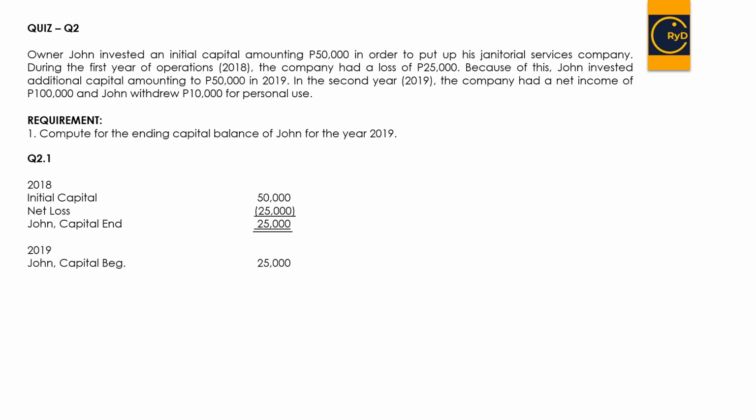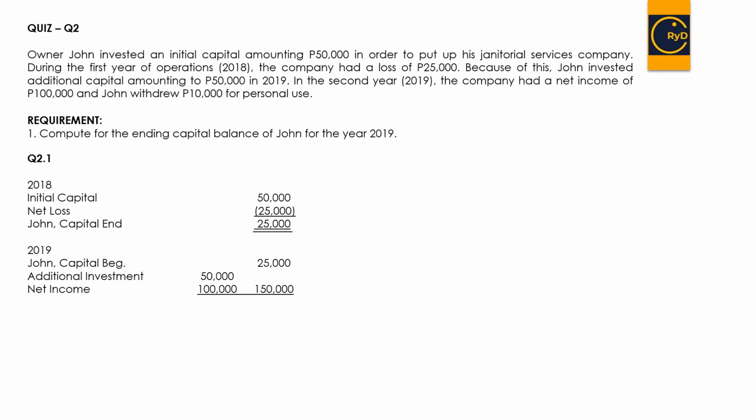So just copy it, class, and then you make the necessary adjustments to the capital account. So what are these adjustments? We have the additional investment at 50,000, and also the net income of 100,000. So we sum that up, it's at 150,000.